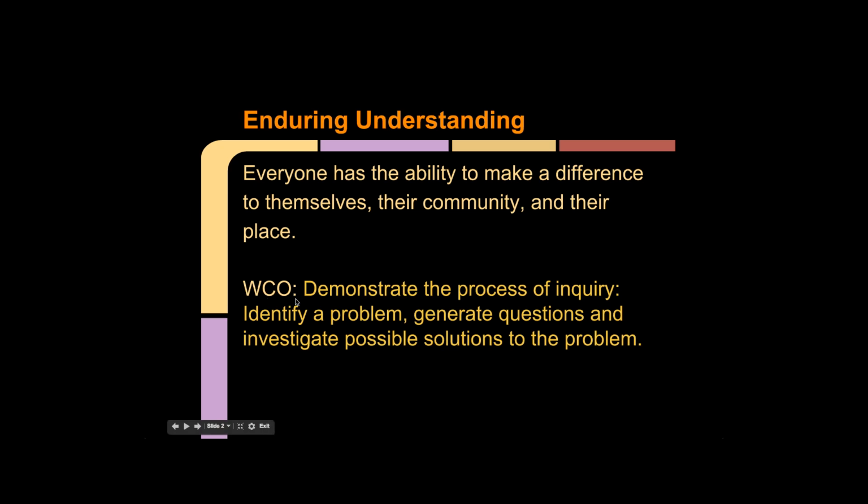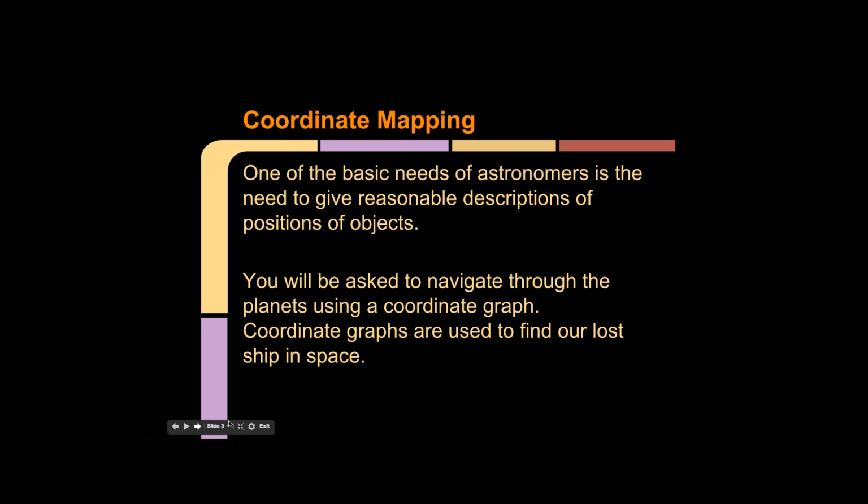World class outcome. Yep. Okay, thanks. So your world class outcome is to make sure that you are able to identify a problem, generate questions, and investigate possible solutions to the problem. So that's what we're learning each week. Learning how to do, I should say.